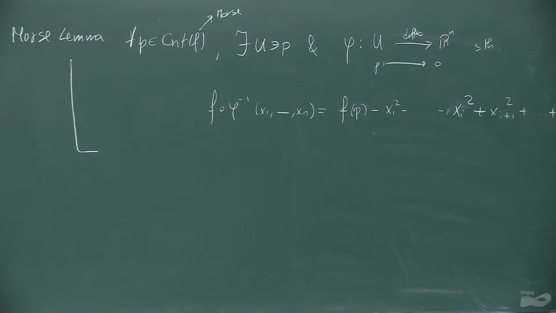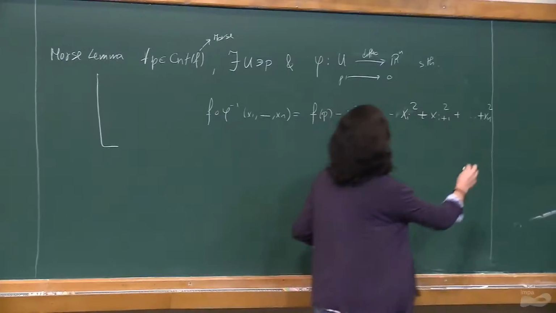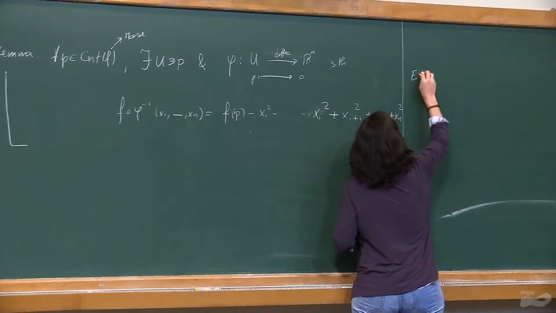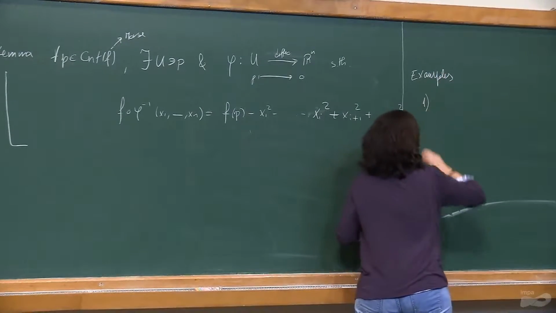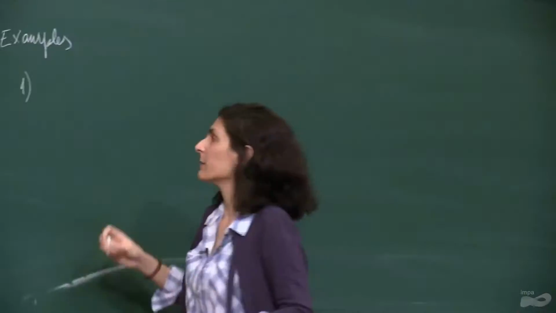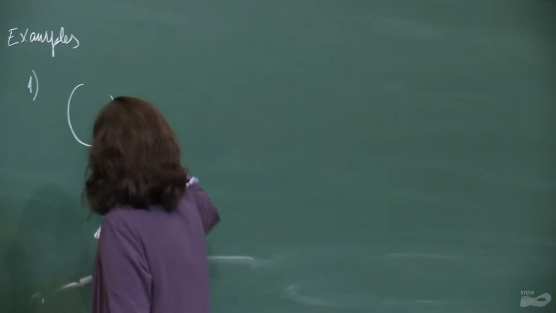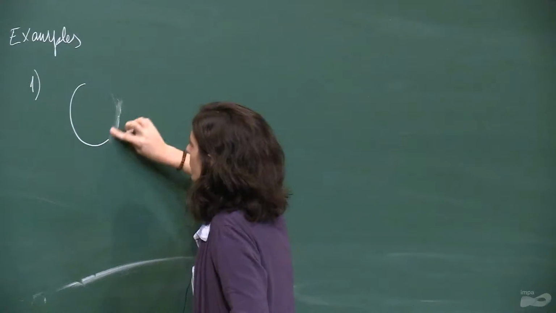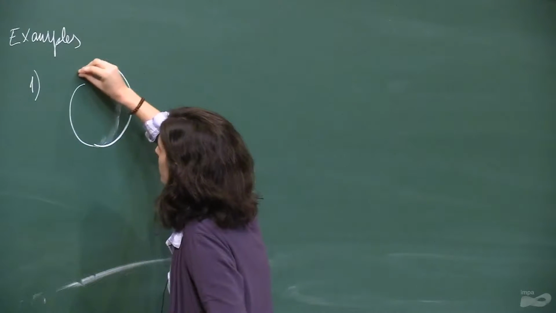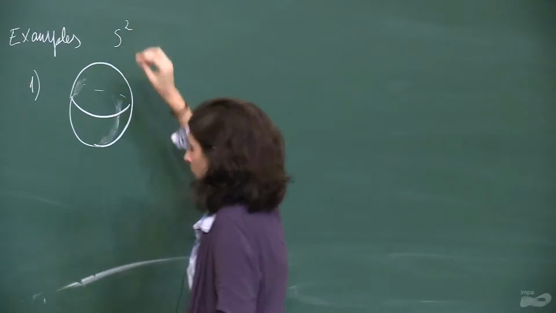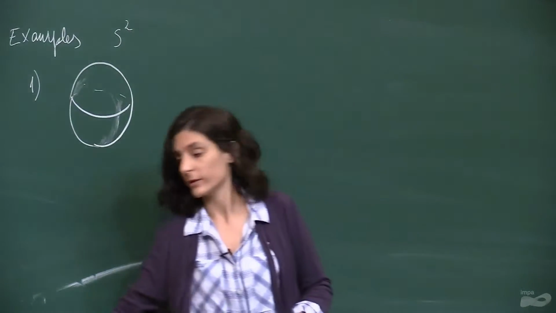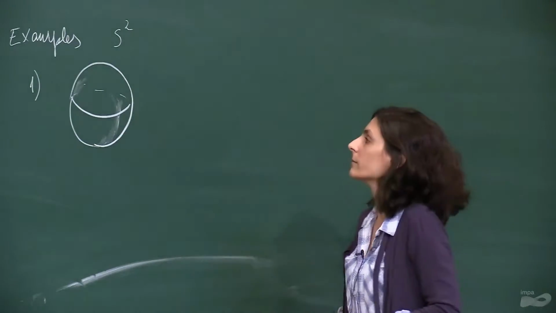Okay, so let me give a couple of examples. First example, let's start with the sphere, the map we saw yesterday. Let me start with S2. And let's consider the height function on this manifold.